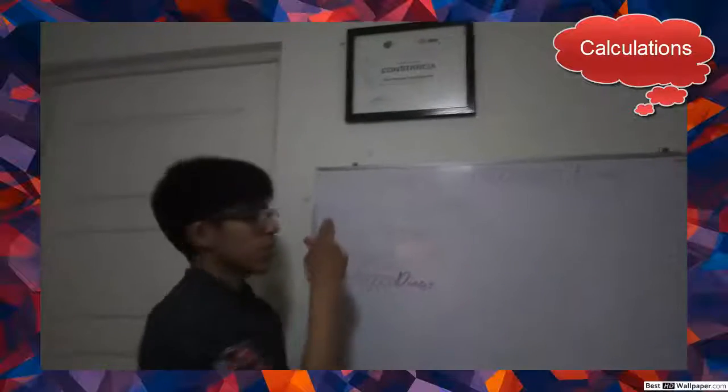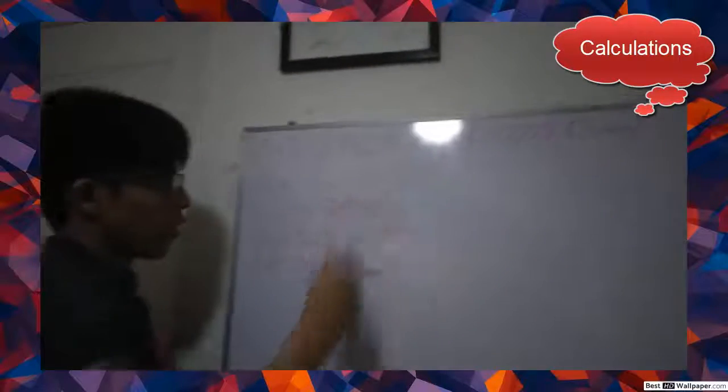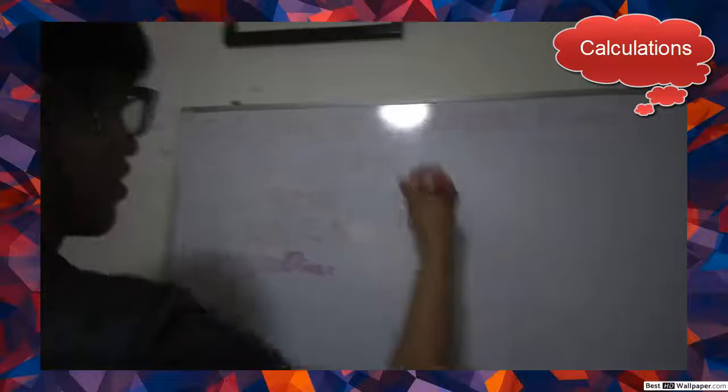Here we have T1 in X equal to T2 in X, that is equal to 2078.9 newtons, and we will transform it to dynes.